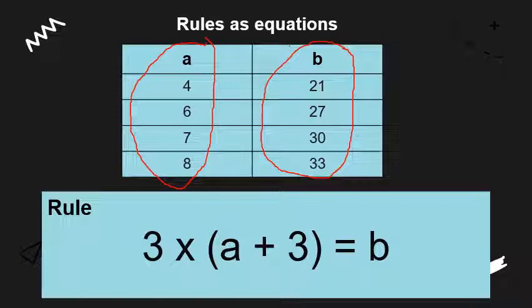To do that, I need to look at the relationship between this A value and this B value, and so on. That will give me the relationship, which is the rule, which I can apply to any A value that I decide to slot in. You can also, on the inverse, if I don't know what the A value is but I've got the B value, apply the inverse function.